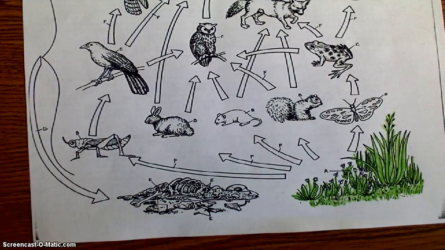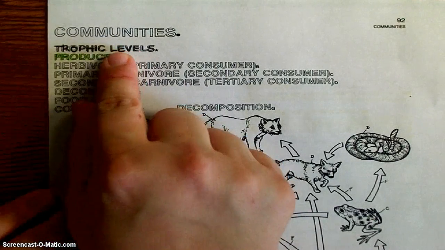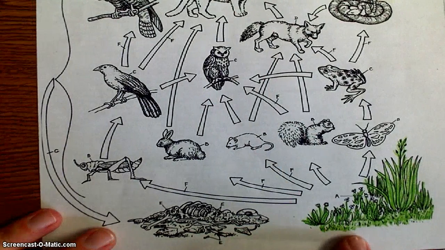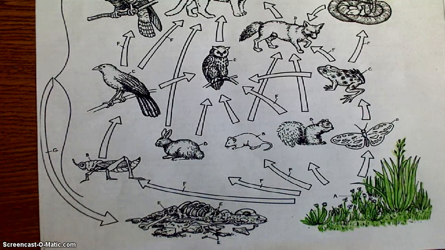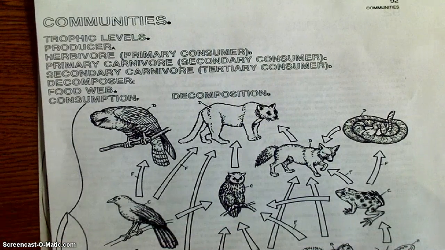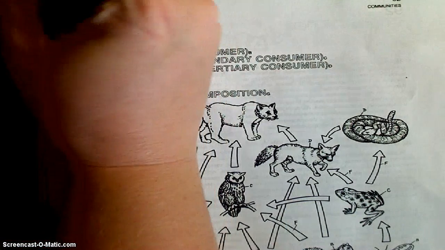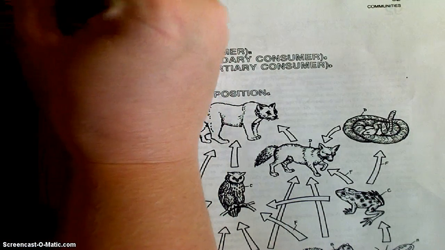And again, it doesn't have to be perfect. So now that I've colored that heading green, and I've gone down here and colored my plants, now the other way that you can do this, okay, is I'm still going to color my trophic levels black or gray, whatever you choose.